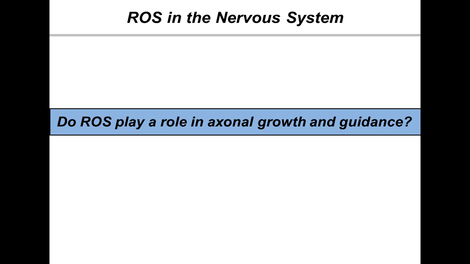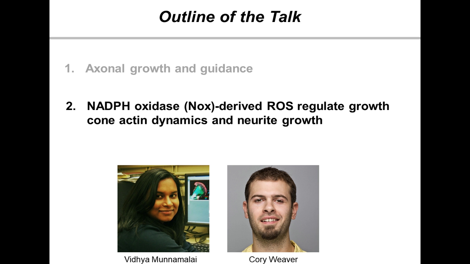However, there's also evidence that ROS derived from NADPH oxidase play a role in normal neuronal functions such as differentiation, synaptic function, and plasticity, and gravity perception. So we were curious to ask the question, do ROS play a role in axonal growth and guidance?